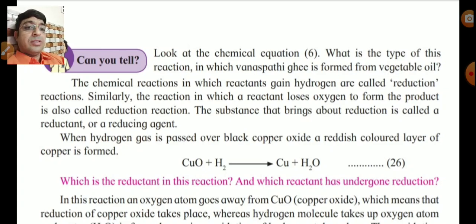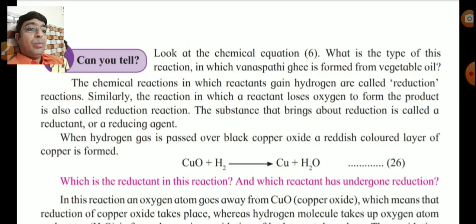So mark the definition. The chemical reaction in which reactants gain hydrogen is called a reduction reaction. Similarly, one more definition: the reaction in which a reactant loses oxygen to form the product is also called a reduction reaction.